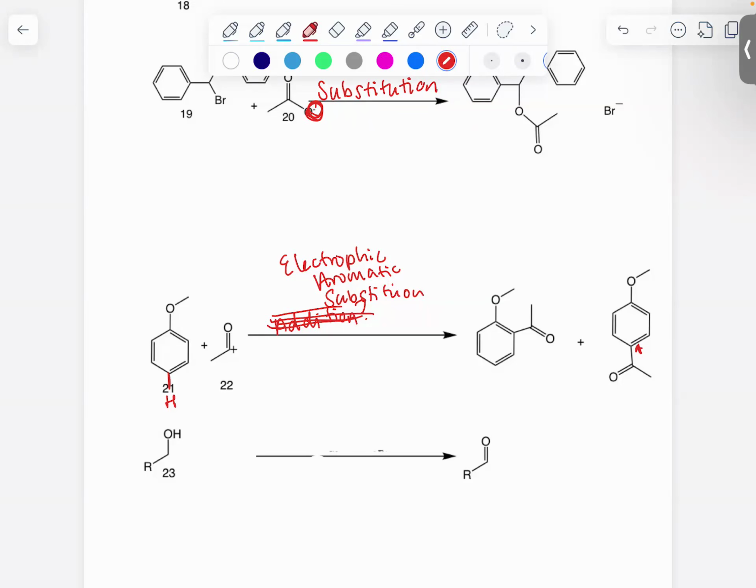The short answer is it's a conjugated system of pi electrons that follows the rule 4n+2. Electrophilic is a cation, so something positively charged. Nucleophilic is negatively charged.